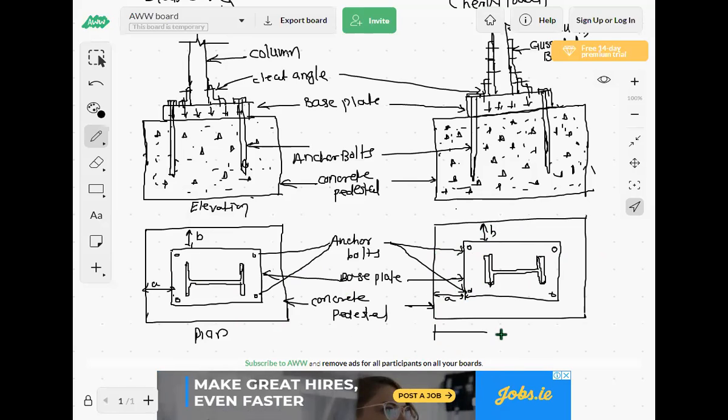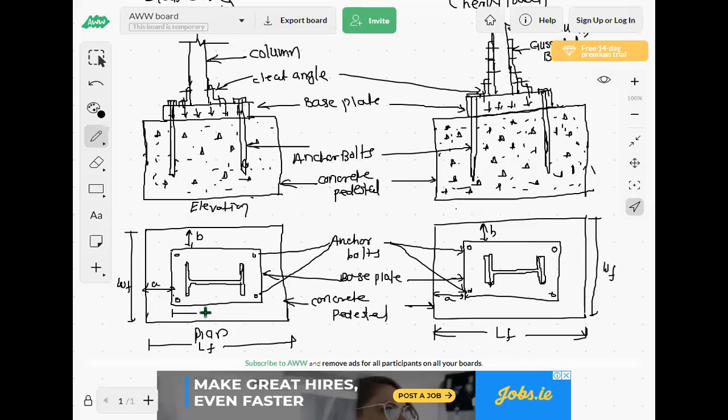Now this is the length of foundation. This is the width of foundation. Same here, LF is the length of foundation and WF is the width of foundation.